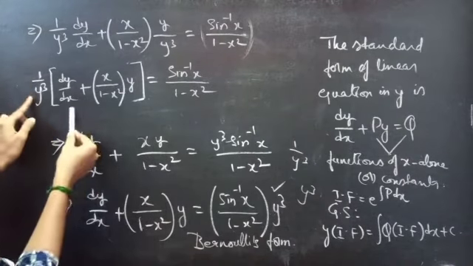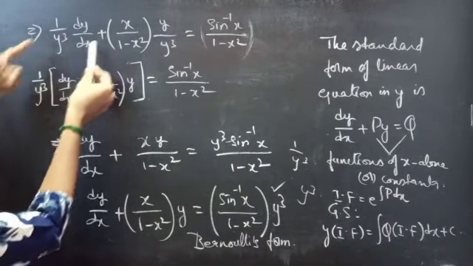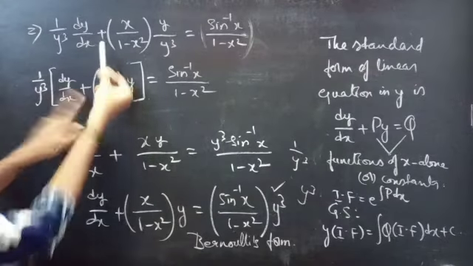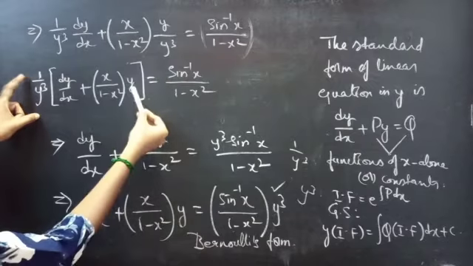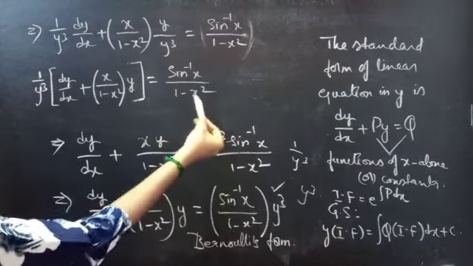So 1 by y cube into dy/dx is 1 by y cube dy/dx, plus a function of x into y by y cube equals sine inverse x by 1 minus x square.